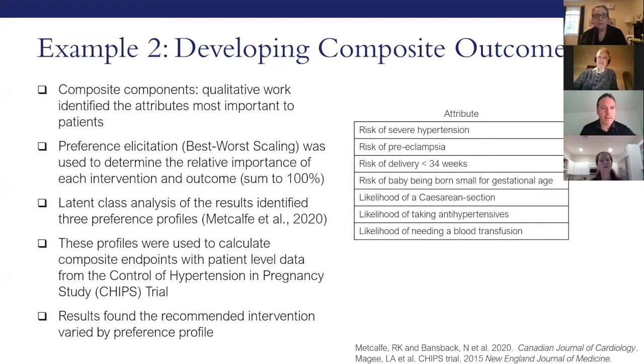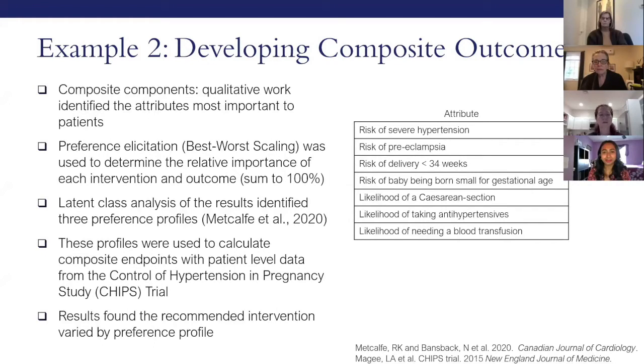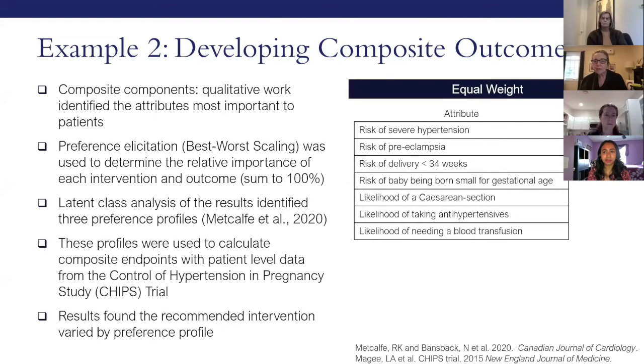Thanks, Glenn. This is another example, around developing composite outcomes. Composites can be controversial in trial design, but for some trials they make a lot of sense. This example is not from rheumatology, but from treatment of hypertension in pregnancy, where there are outcomes for both the mother and the infant, which are both important. So I think it's a natural example of a composite.